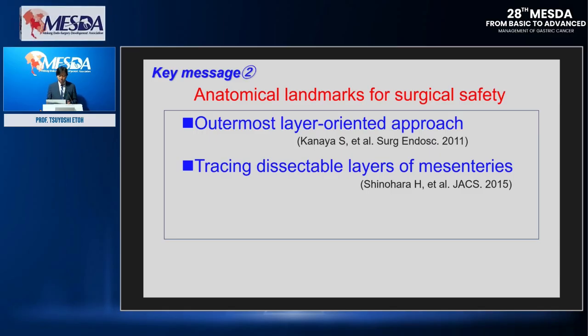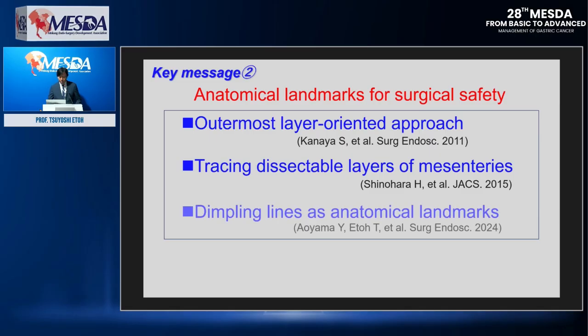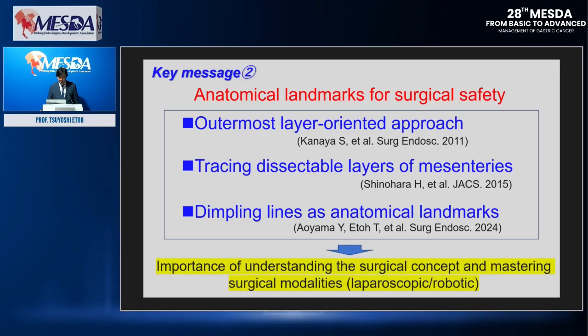The concept is very important, and the unblocked resection. And finally, dimpling lines as anatomical landmarks. Our team proposed this concept. And the importance of understanding the surgical concept and mastering the surgical modality, laparoscopic or robotic, is essential.